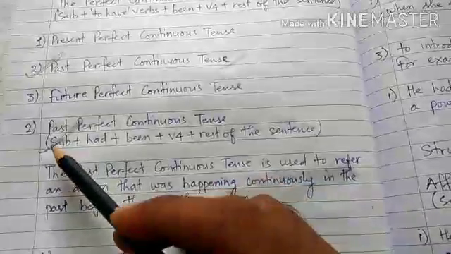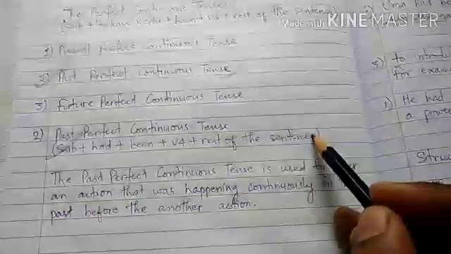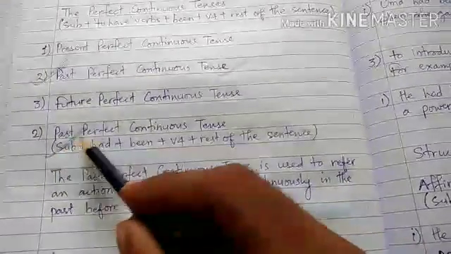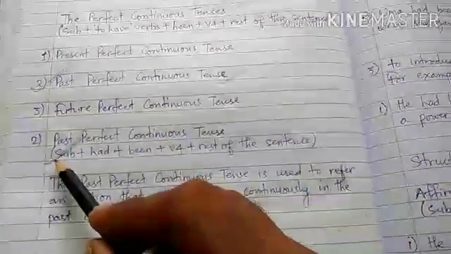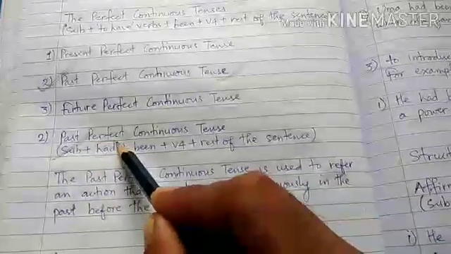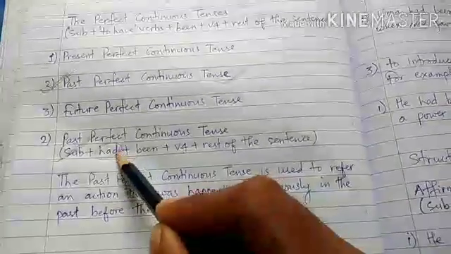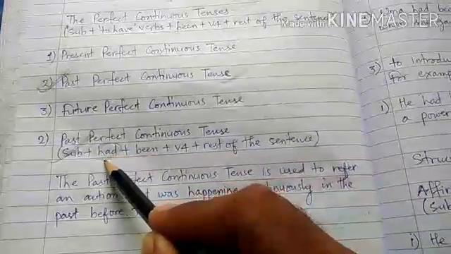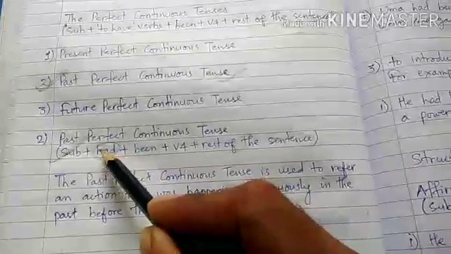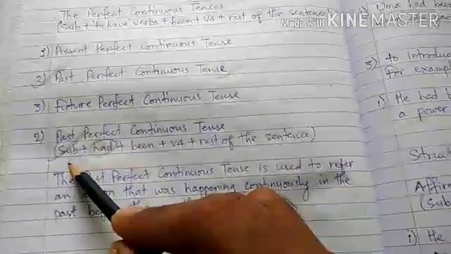So let us have a look at what is the structure of affirmative sentences in the past perfect continuous tense. Subject plus, from the group of to have verbs used as the main helping verbs, we take had here. Had is taken from the group of to have verbs in the past perfect continuous tense, whether the subject is singular or plural.